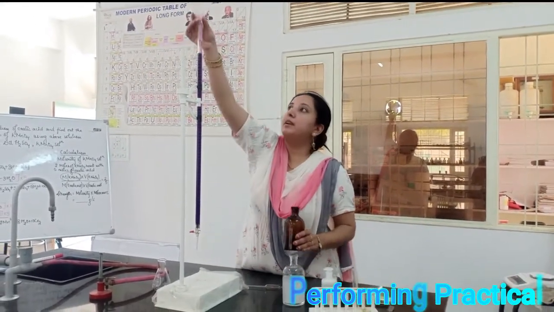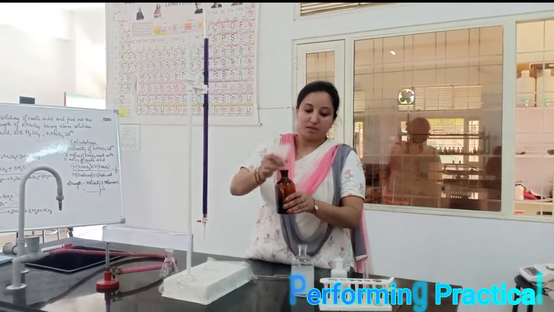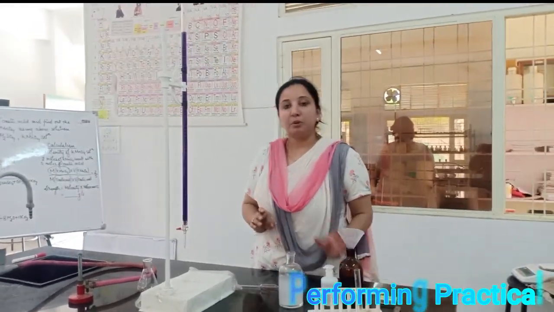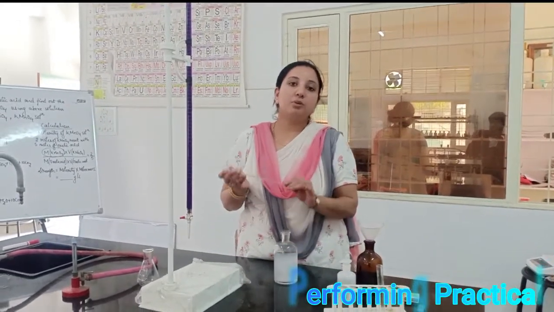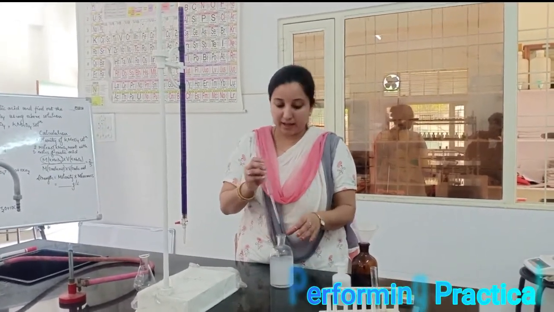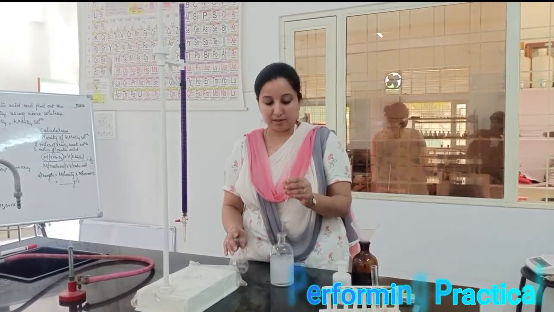I had made it up to the 0. Now, the second step is what? With the help of a pipette, you need to take out the oxalic acid into the conical flask.